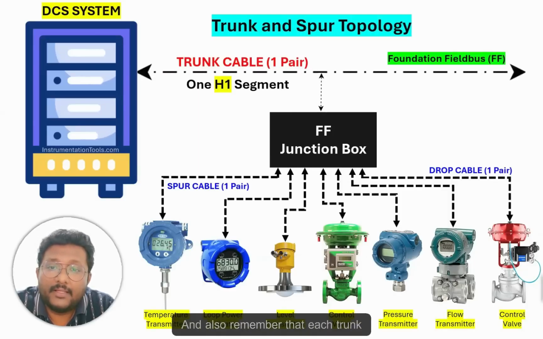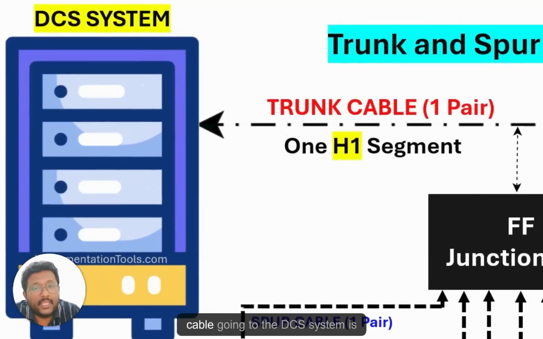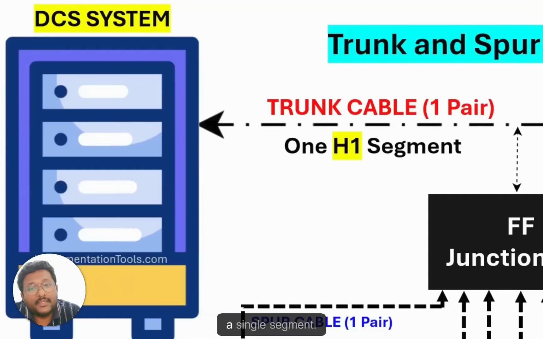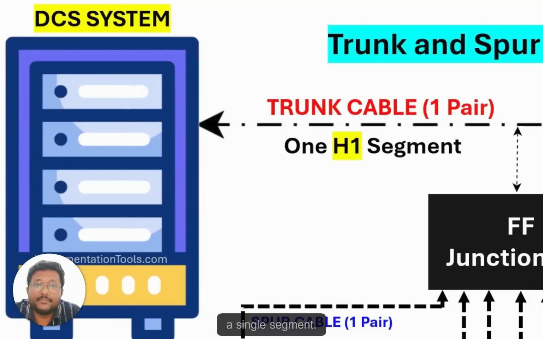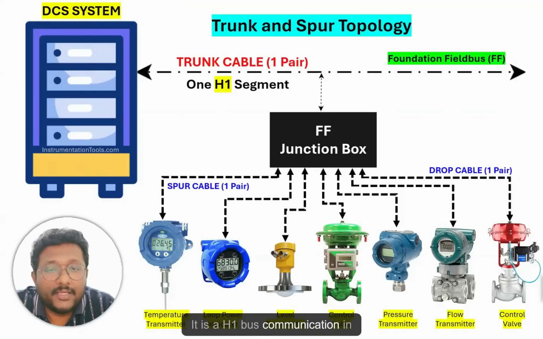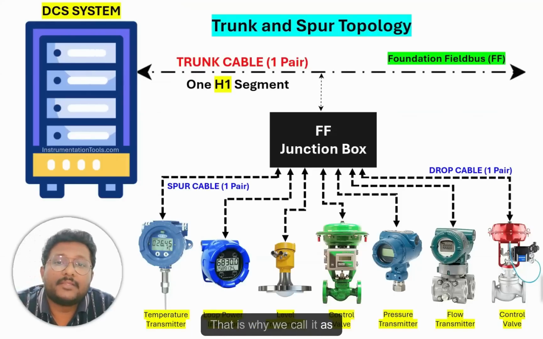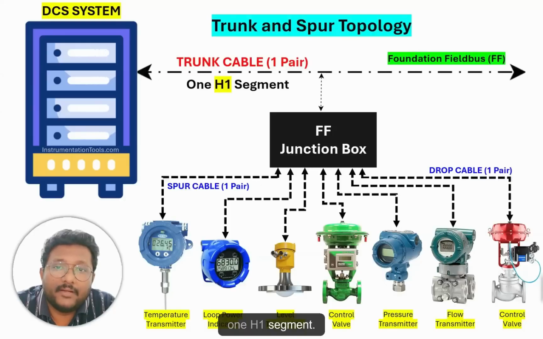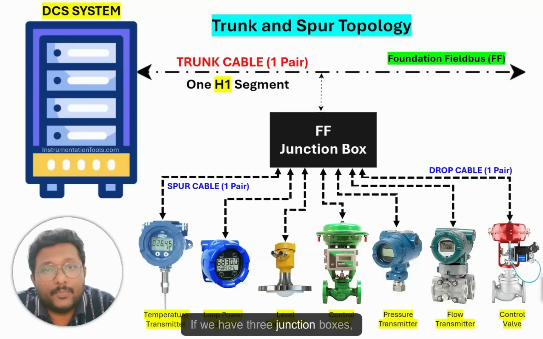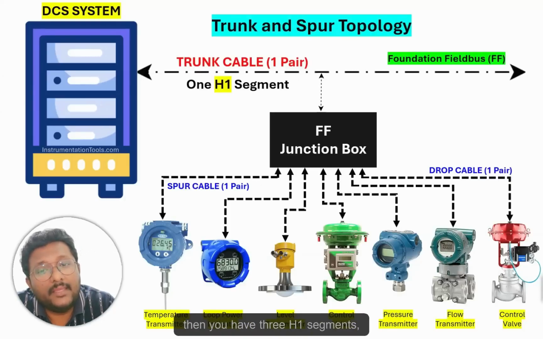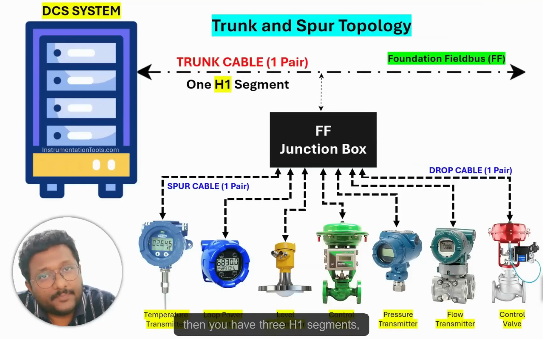And also remember that each trunk cable going to the DCS system is a single segment. It is an H1 bus communication in Foundation Fieldbus. That is why we call it one H1 segment. If you have three junction boxes, then you have three H1 segments.